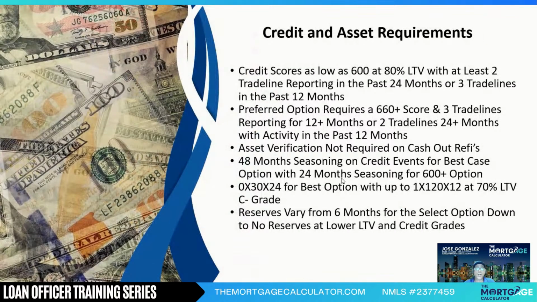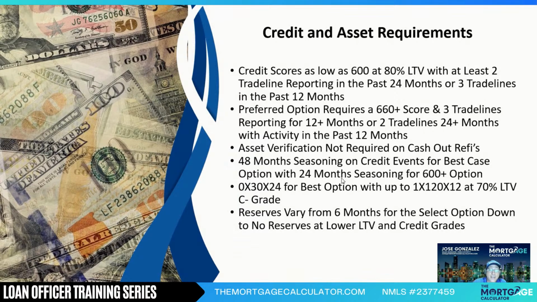Now, what are some of the credit and asset requirements for the 1099 loan? Well, we can actually go as low as 600 on the credit score at an 80% LTV with at least 2 trade lines reporting in the past 24 months or 3 trade lines in the past 12 months.